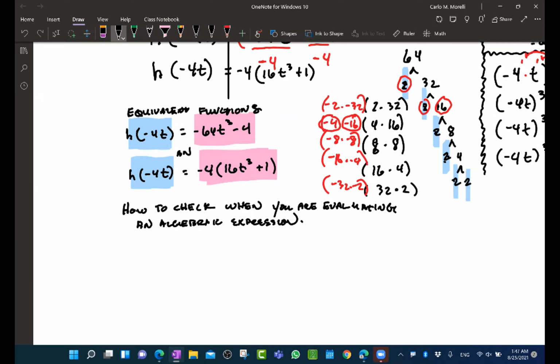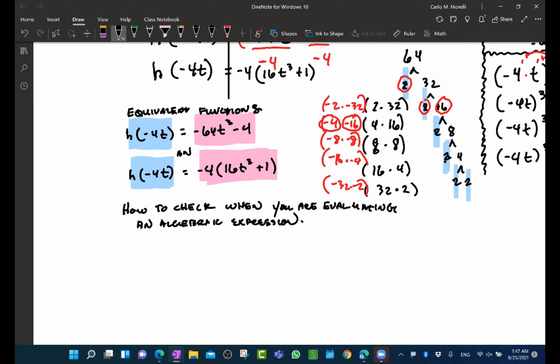Because in this case, we can't use the y equals thing, because that only works when the thing inside is just a letter. So this time there's an algebraic expression inside there, so we can't just put y equals and then substitute numbers and solve it out. So here's how you check.